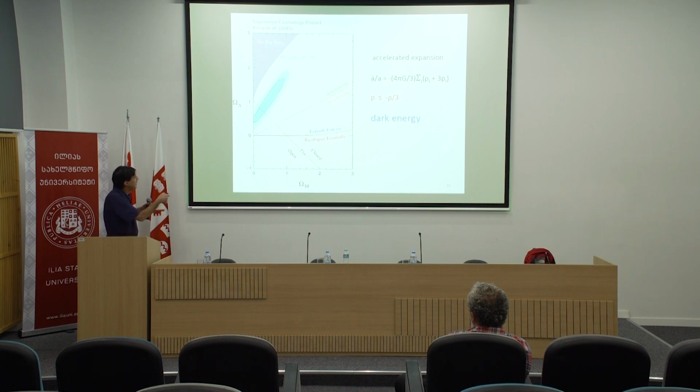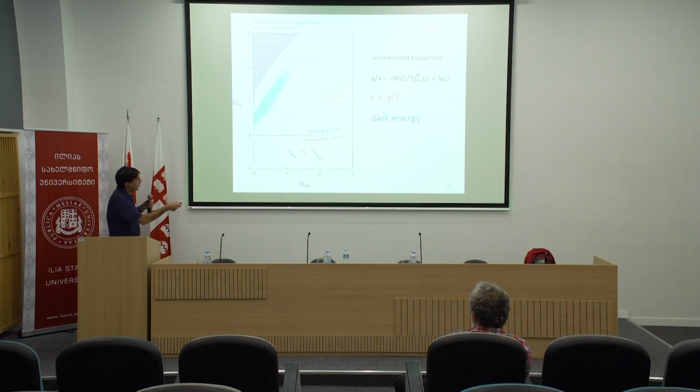And if you didn't have any lambda, all your points should lie on a line right over here that's consistent with omega lambda equal to 0. But the supernovae lie in this part of parameter space. And at roughly now, it's probably a 4.5 or a 5 sigma result that they're inconsistent with 0. And they're in the accelerating part of parameter space.